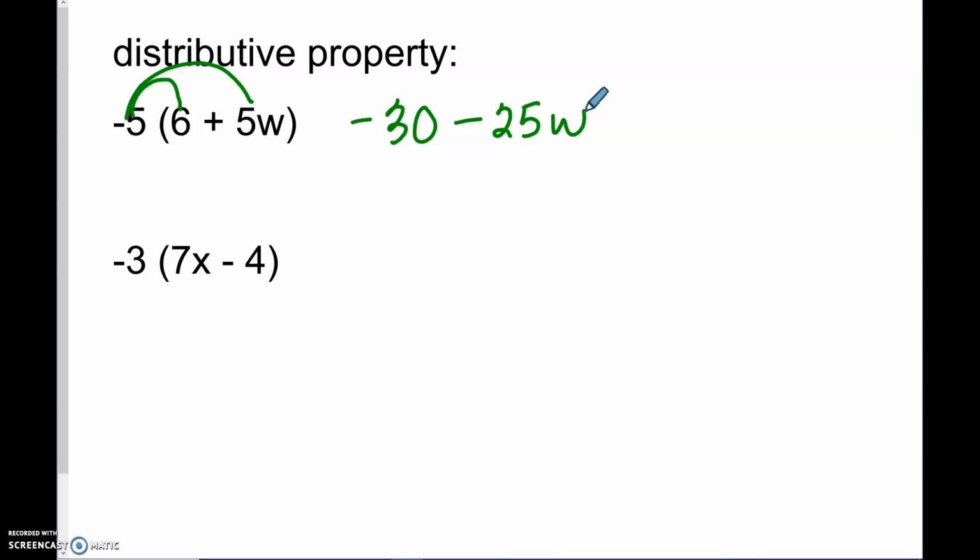All right, in the next one, when we do the distributive property and we multiply these two together, what do we get? We get a 21x. And then what do we get when we do the second part and we multiply these two together? We get a positive 12 because a negative 3 times a negative 4 is a positive 12.